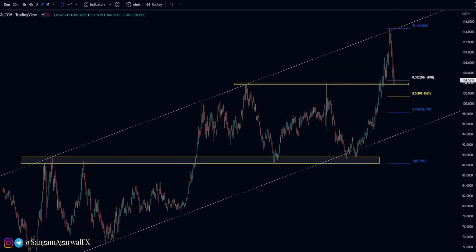The movement of all of these pairs depends again on the dollar index, and correction can come before the breakout of this support or after the breakout, but there will be a correction in this aggressive bearish trend before we see the next sell off in dollar.